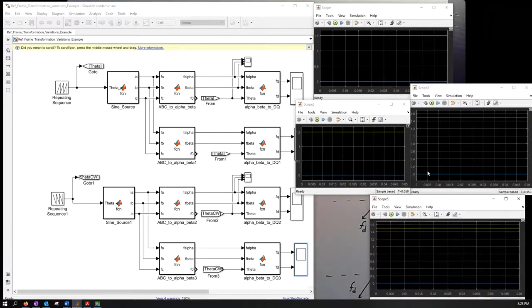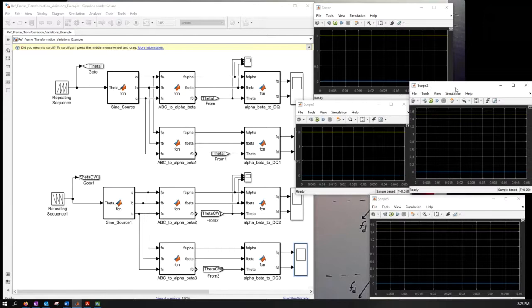Because even though we are looking at two different rotations and different alpha beta axis definitions and alignments with respect to QD, you get the same q-axis voltage or q-axis amplitude in all four cases, right?